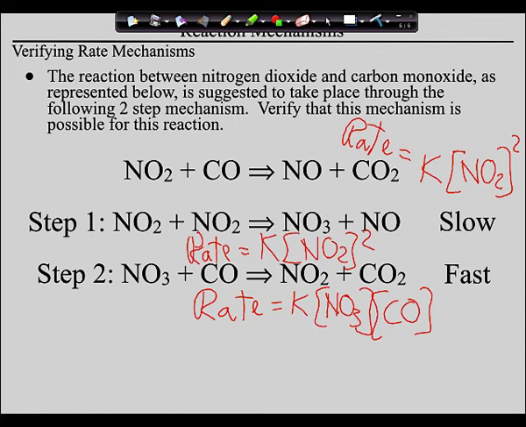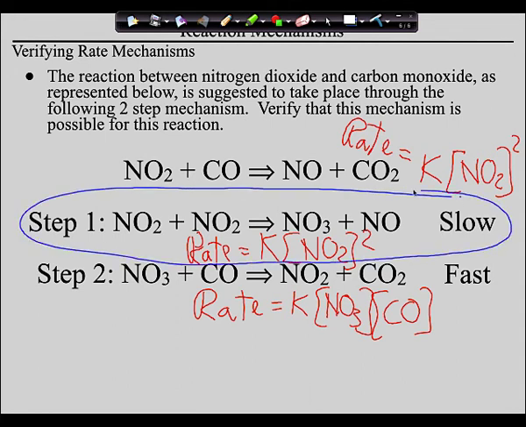So the slow step is understood to be the rate determining step, and they will tell you which one it is. So look at what we've got. Step 1 is our slow step, our rate determining step. So you look at the rate law for the rate determining step, you compare it to the experimentally determined rate law for the overall reaction.